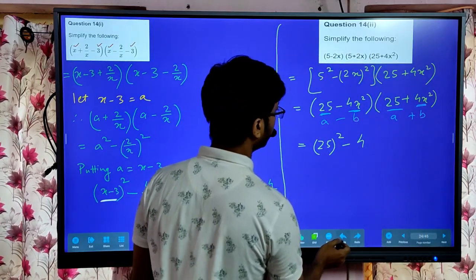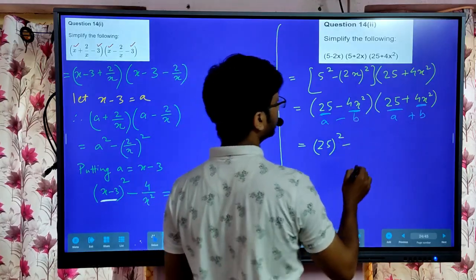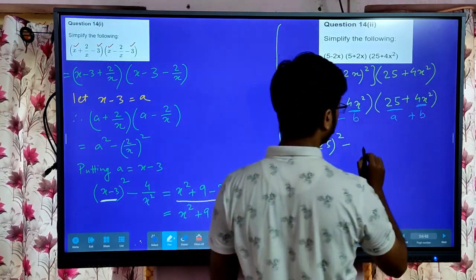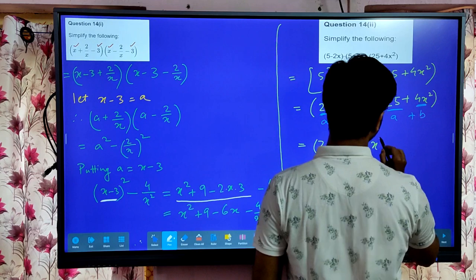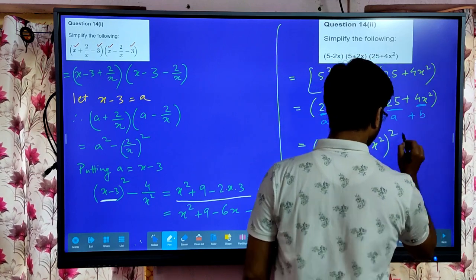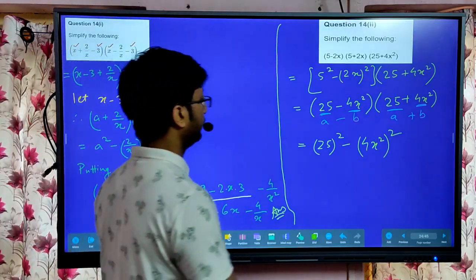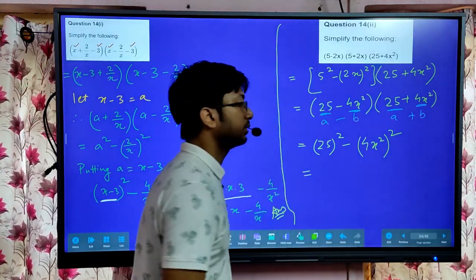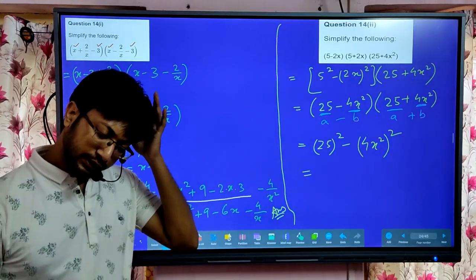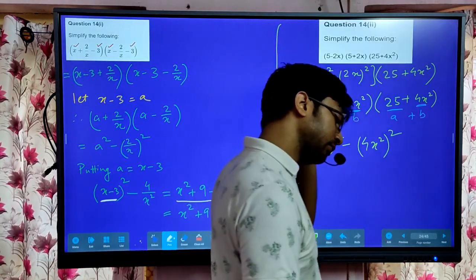So don't make a mistake over here. Your b is 4x square. You don't miss the square over here: 4x square per square, its square. Understood? So 25 square is how much? 25 square is 625.